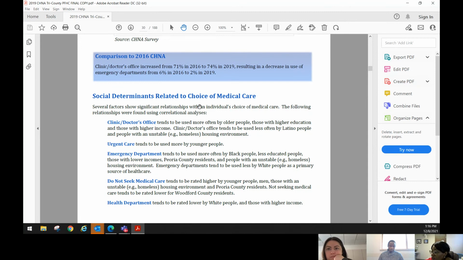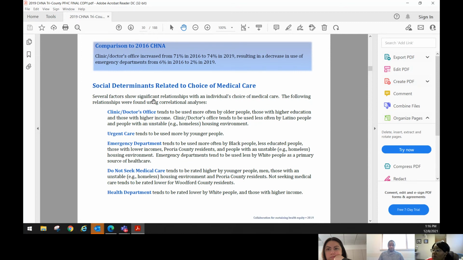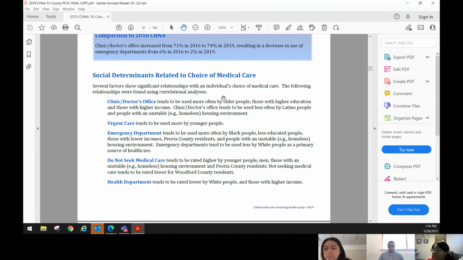So this is social determinants related to choice of medical care, right? The following relationships were found using correlational analysis. The clinic doctor's office tends to be used more often by older people. Again, we're doing a population health, by older people, those with higher education, and those with higher income.